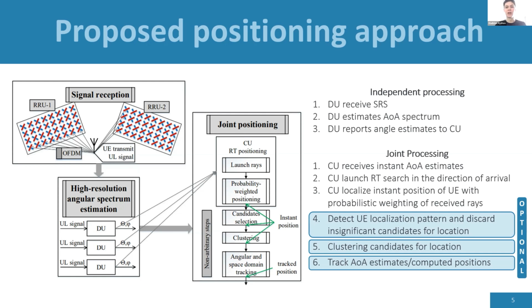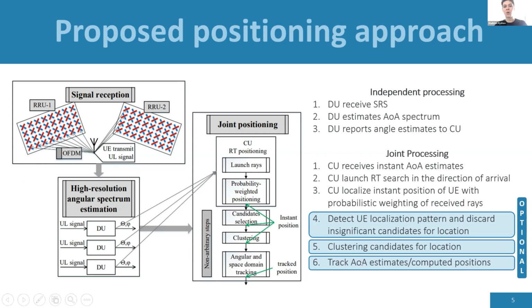After it receives the instant angle of arrival estimate, it launches a ray tracing search in the directions of arrival and localizes instant positions of the user equipment with probabilistic weighting. After this step, we can estimate the exact position of the user equipment at the previous step, when we received angle of arrival estimates.